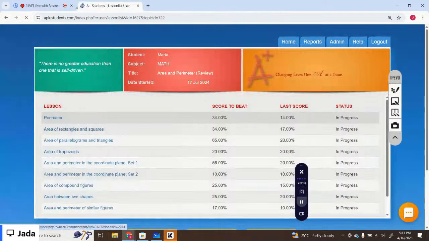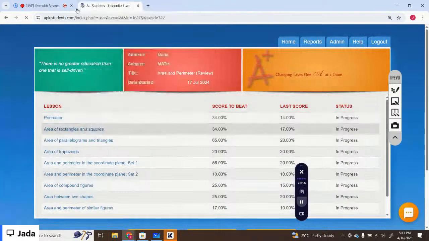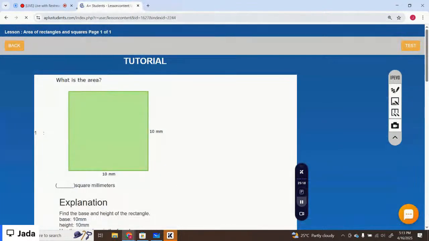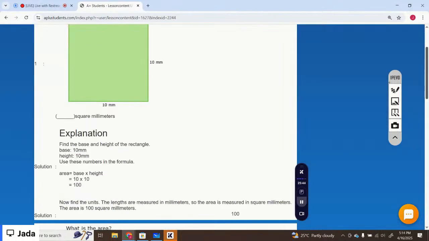The next lesson is area of rectangles and squares. Let's just start with the lesson. What is the area? So we are given the square. The area of the square is side times side, or rectangle it is, sorry.